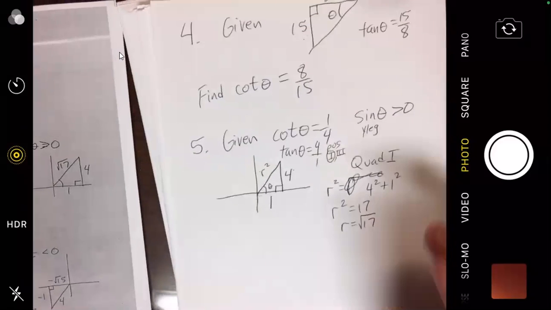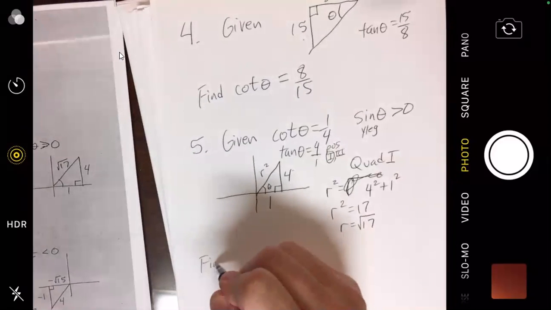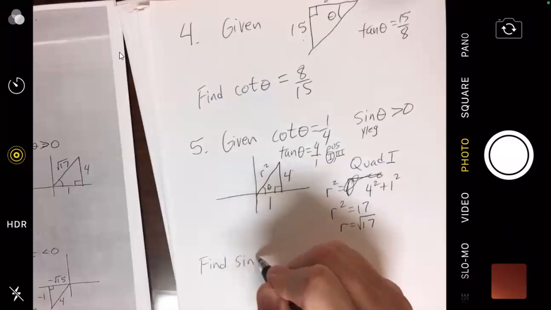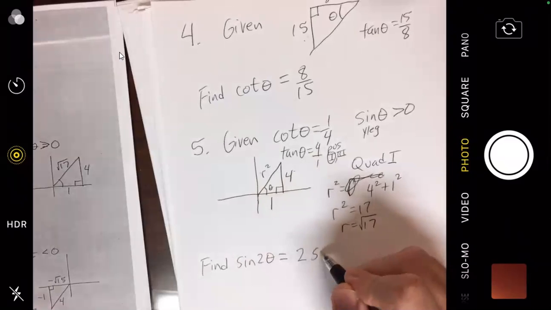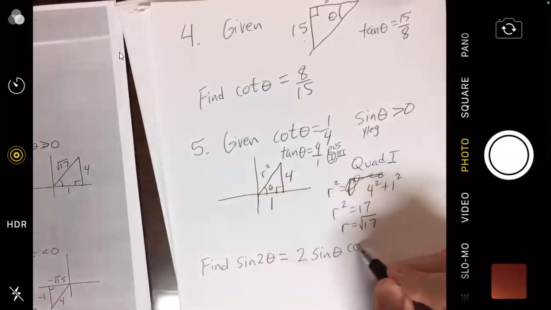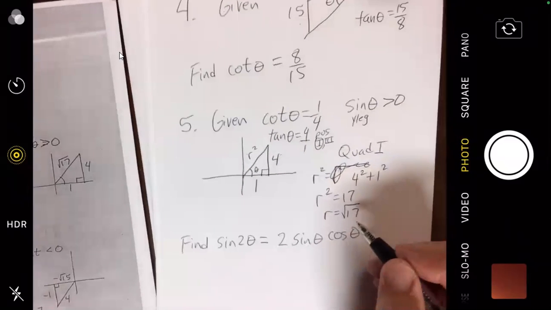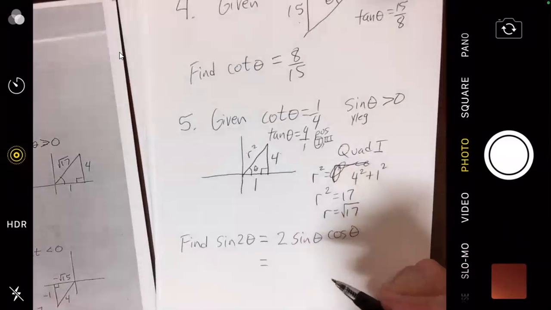We're supposed to find sine of 2 theta. Hopefully you remember that is twice the sine of theta times the cosine of theta. And now it's plug and chug.